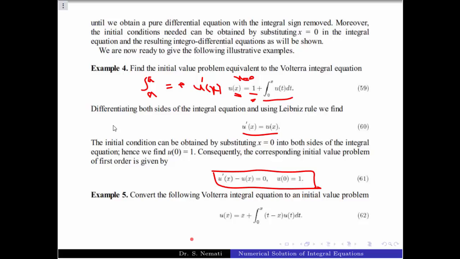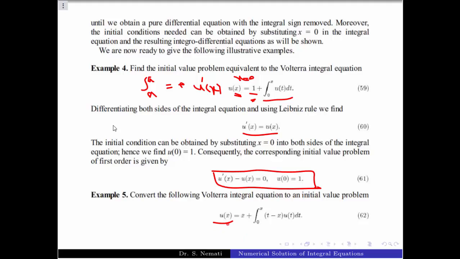Okay, let's go to the next example. Once again, we have a Volterra integral equation and we want to obtain its equivalent initial value problem. Here we have the integral equation given in 62, and once again, for obtaining the initial value problem, we take the derivative from both sides.